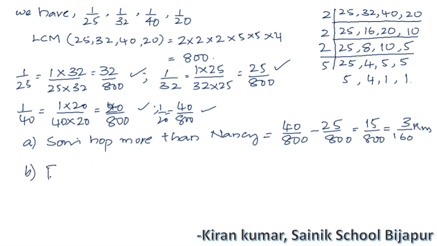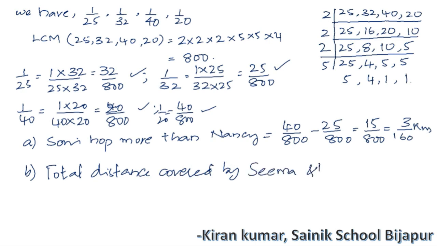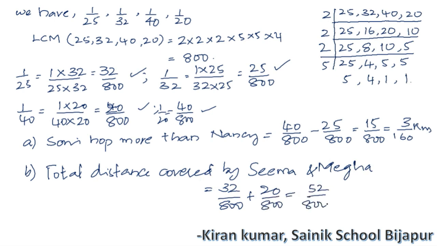Second sub-question, the total distance covered by Seema and Megha is 32 by 800 plus 20 by 800. This will be 52 by 800, same as 13 by 200 kilometers.